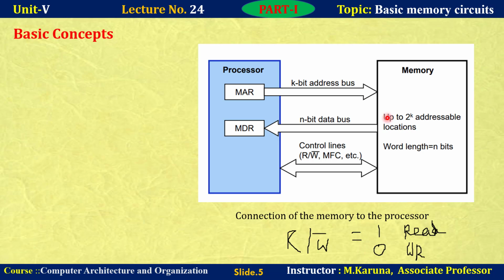In this case, the write operation is performed, and the direction of the data is like this. To perform a block transfer operation, it will send only one address to identify the first location. This memory access may be synchronized using a clock.